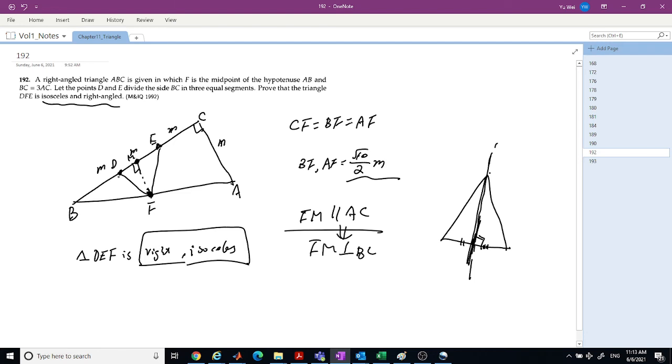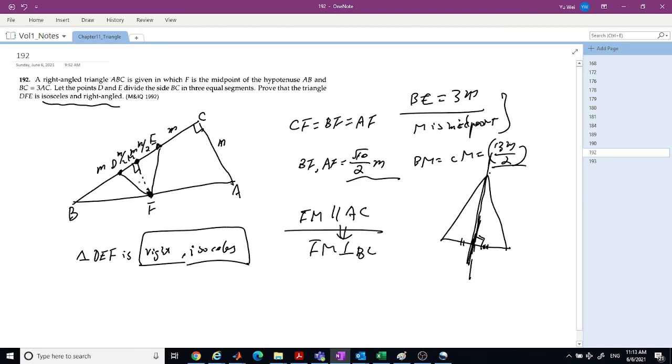So we have BC equal to 3M, and M is the midpoint. This tells us BM equals CM equals 3M over 2. So now this one is M over 2, this one is M over 2.